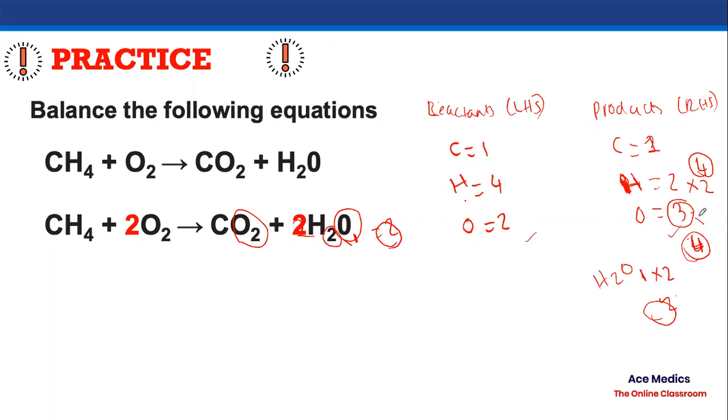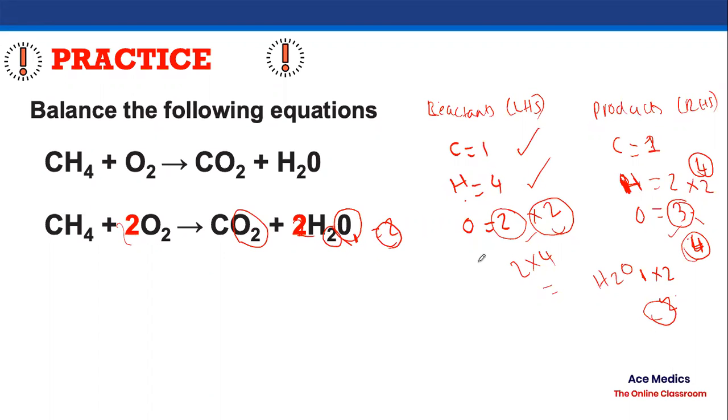But now the oxygen is not in balance because we only have 2 here and we have 4 on the other side. So if we times that by 2, we get 4 oxygens. So we're going to put a big 2 here and we get 4 oxygens on the reactant side, or the left-hand side. So now this is balanced because we have 1 carbon, 4 hydrogens that we've gotten by putting a big 2 on the H2O.